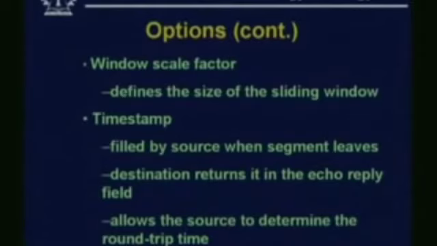Some estimation of the round trip time is very essential. We are talking about error control through acknowledgement. Suppose a particular segment has been sent. Now the sender is expecting an acknowledgement. If the acknowledgement does not arrive, the question is, by what time?